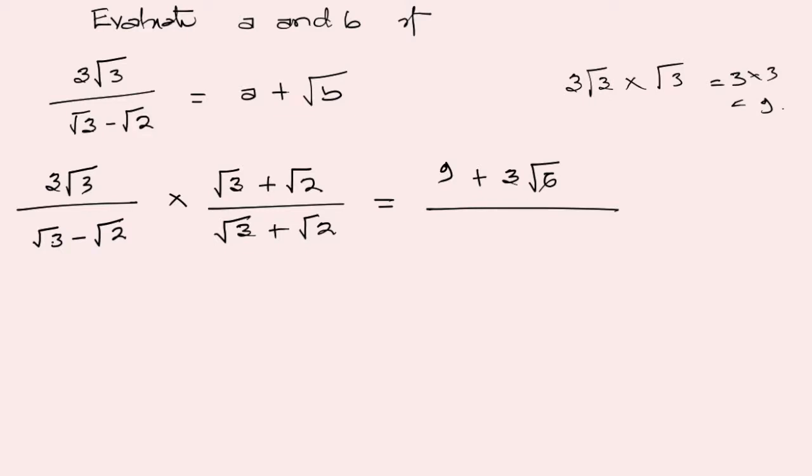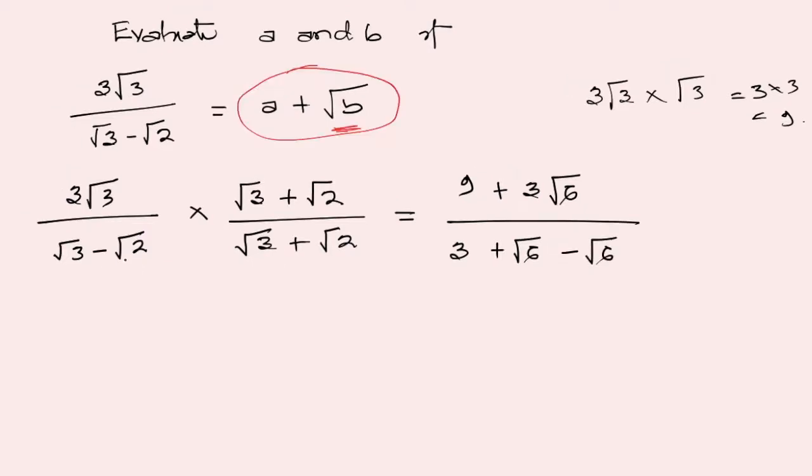For the denominator, root 3 multiplied by root 3 becomes 3. Root 3 multiplied by root 2 is plus root 6. Minus root 2 multiplied by root 3 becomes minus root 6. And minus root 2 multiplied by plus root 2 becomes minus 2.